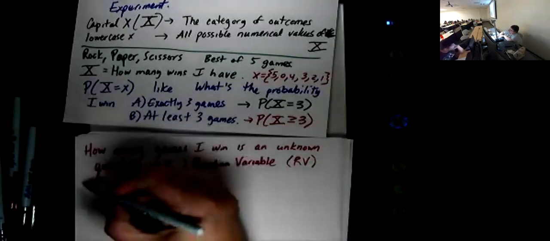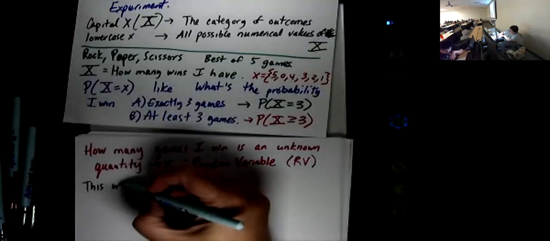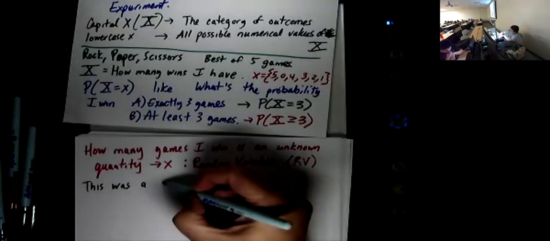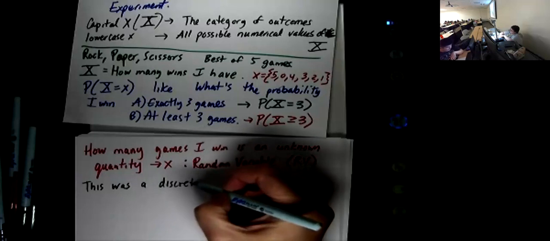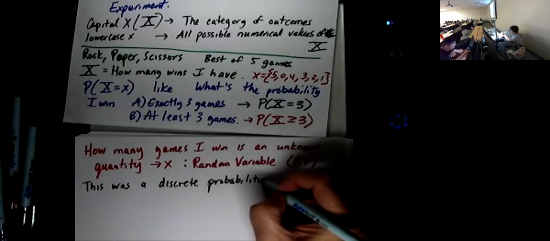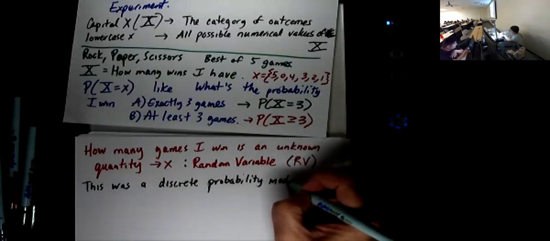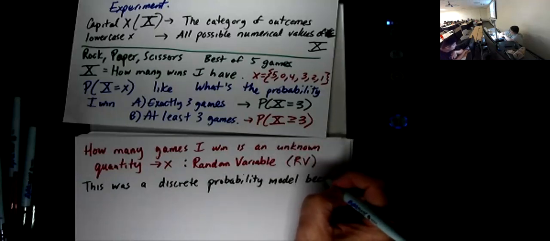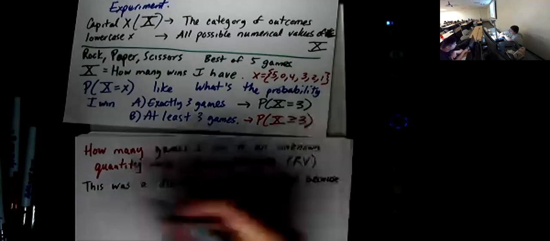This was a discrete probability model, because my responses were countable numbers.